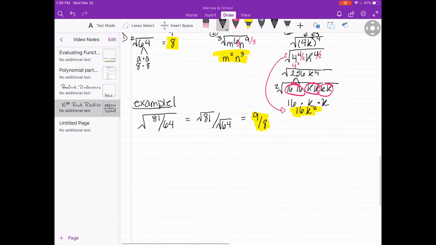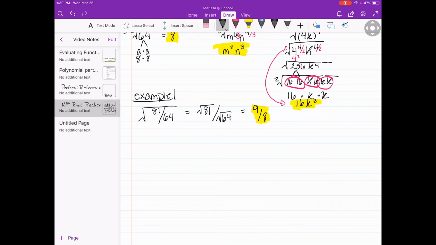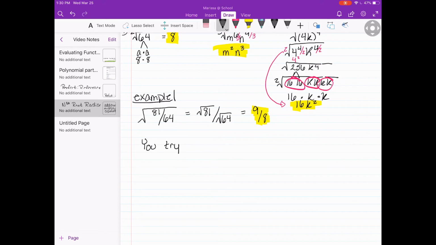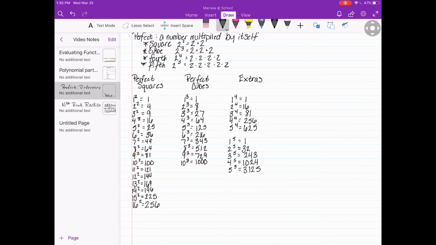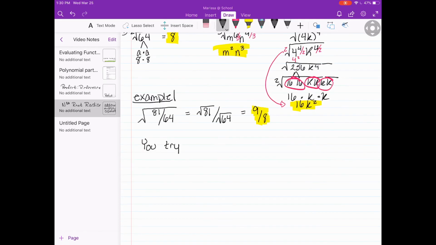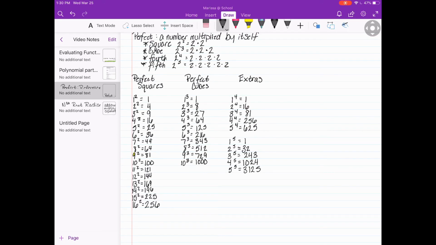So I'm going to give you one more that you can try, a you try. So for that particular one, let's do 49 over 100. So you're going to find what the square root of 49 is. So what times what gives you 49? You can go and use the reference sheet if you like.